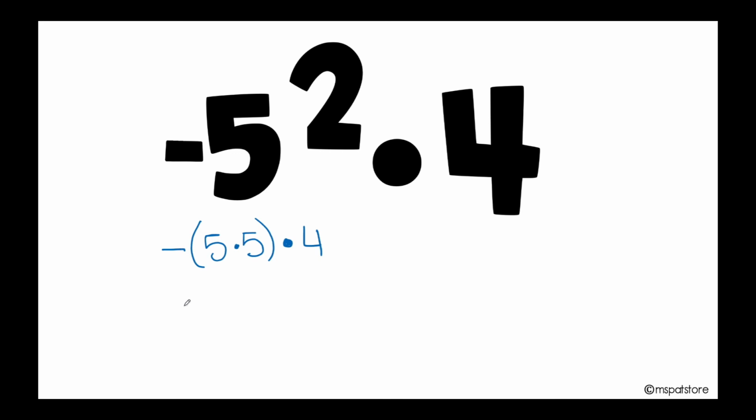So bring down the sign. 5 times 5 is 25 times 4. So now I have negative 25 times 4, which is 100. But hold on. Remember, when I am multiplying and they have different signs, just like here, this is negative and this is positive, my product will be negative. So my final answer is negative 100.